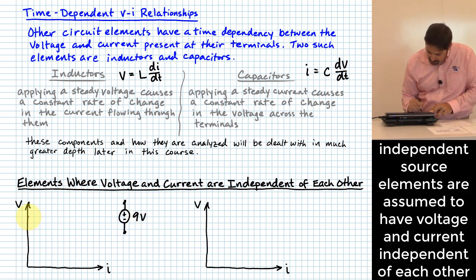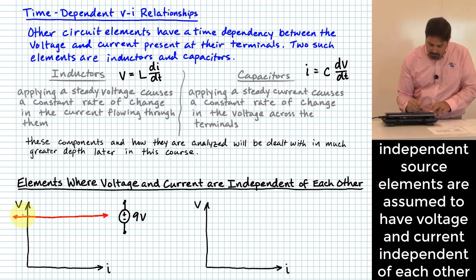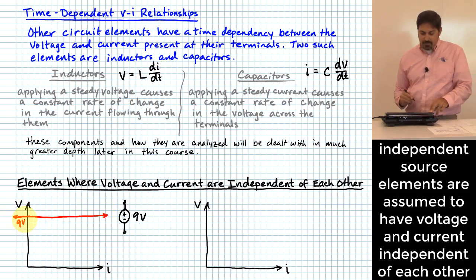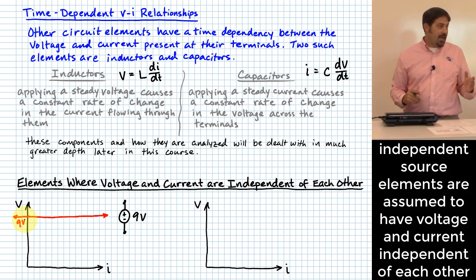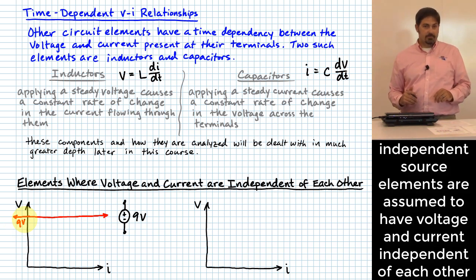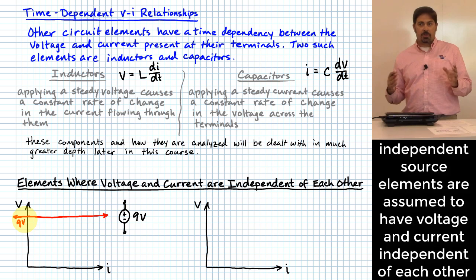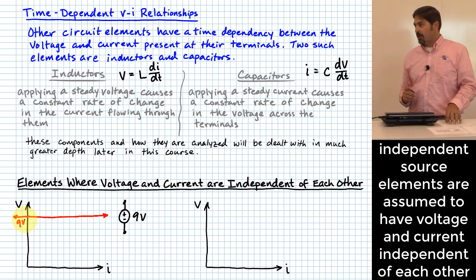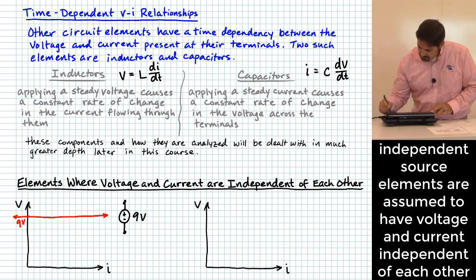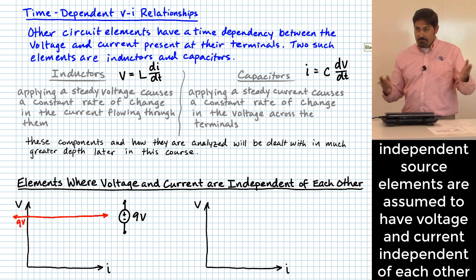What that's going to look like on a VI curve is basically no matter how much current, and I could show it as far as you want in either direction, the value of 9 volts right there, no matter what happens, it's going to hold that 9 volts. So it's just a horizontal line on there. Again, maybe less interesting, but we can think of it in terms of a voltage-current relationship. What else do we have? We have voltage sources.